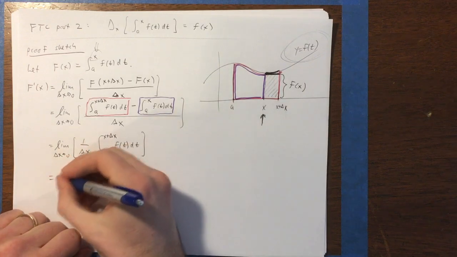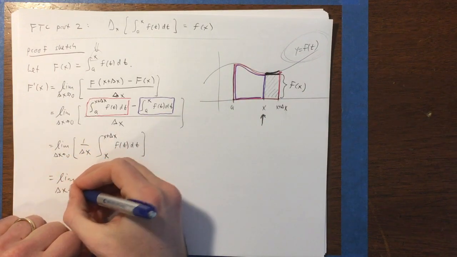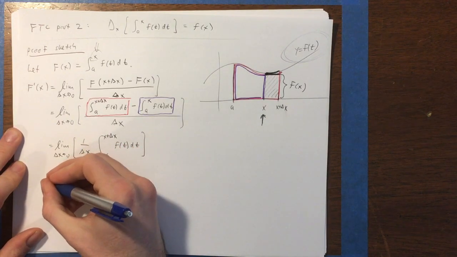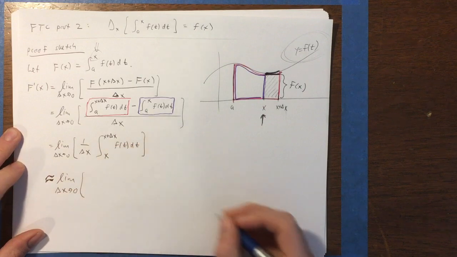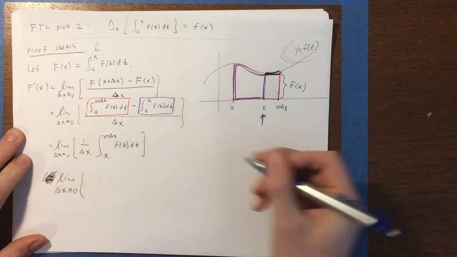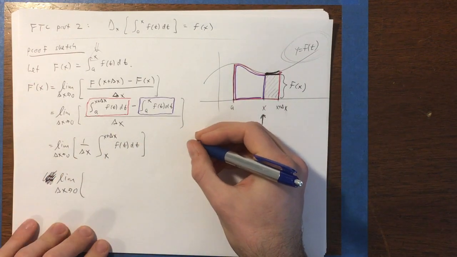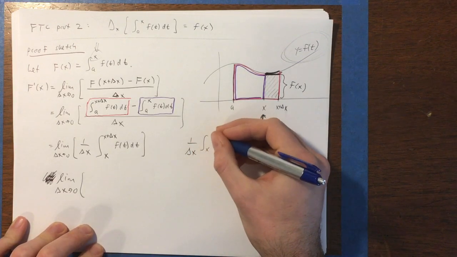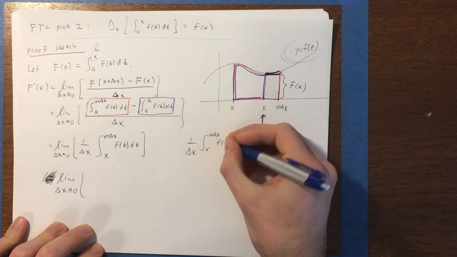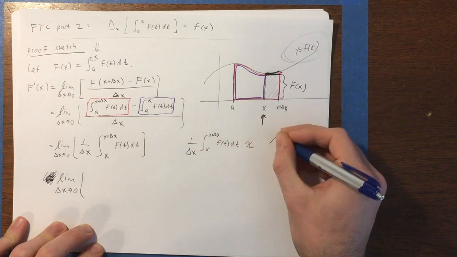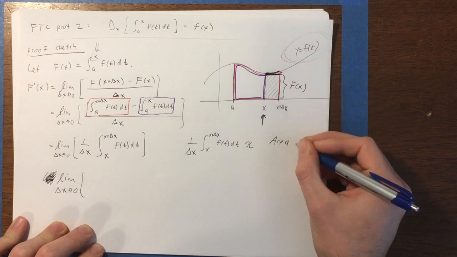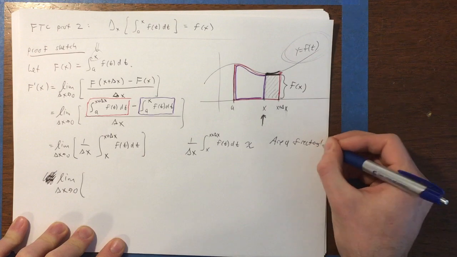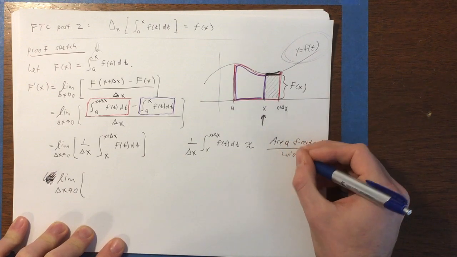Here's what I want to say. The 1 over delta x times this integral is approximately the area of the rectangle divided by its width.